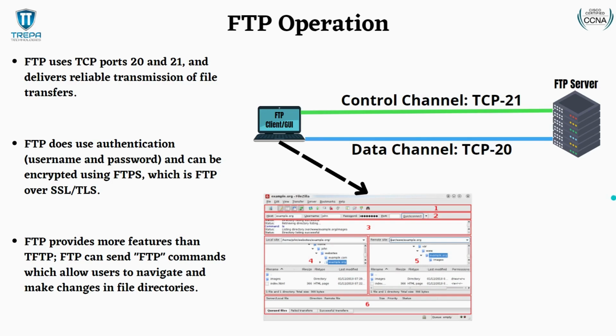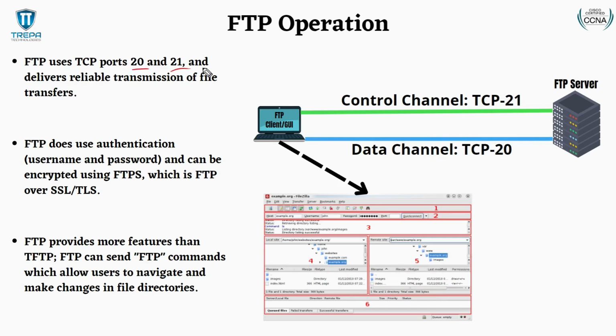All right, so now let's go over some FTP operation. So a big difference between TFTP and FTP is going to be the layer 4 protocol and the port numbers that are used. So FTP is going to use TCP. So by default, we are going to have transmission control and reliability. So again, like test question scenario, FTP is the reliable file transfer protocol out of the two.